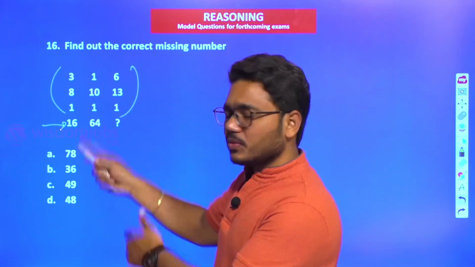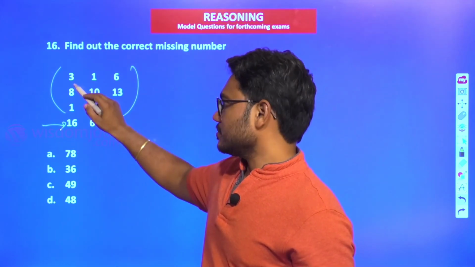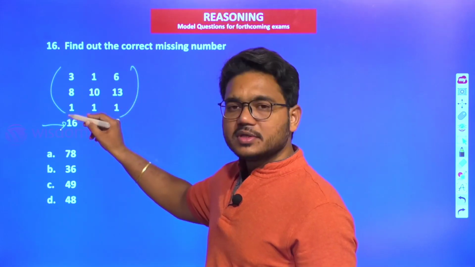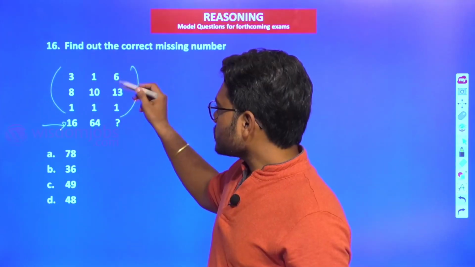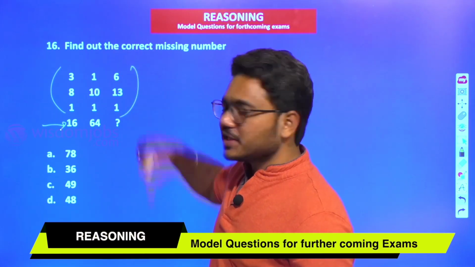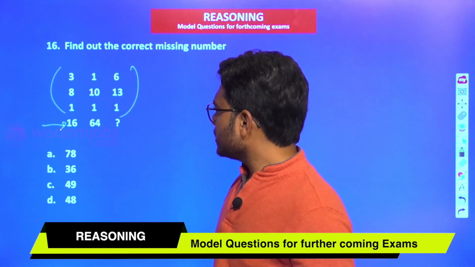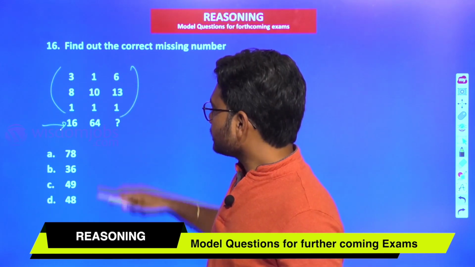Let us see vertically. Suppose 16, 8, if you add up, it is not making 16. Here also adding up is not making anything. Suppose you multiply, 8 3s are 24, 24 ones, it is also not working here.